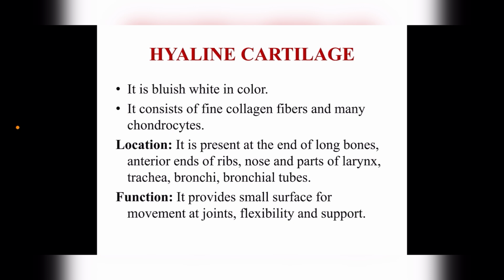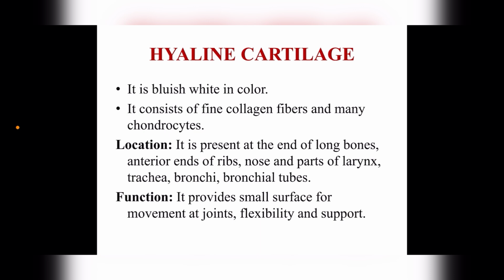Here, hyaline cartilage is one of the important types of cartilage. It is bluish white in color. It consists of fine collagen fibers and many chondrocytes. Its location is at the end of long bones, anterior ends of the ribs, nose, bronchial tubes, and parts of the larynx and trachea.